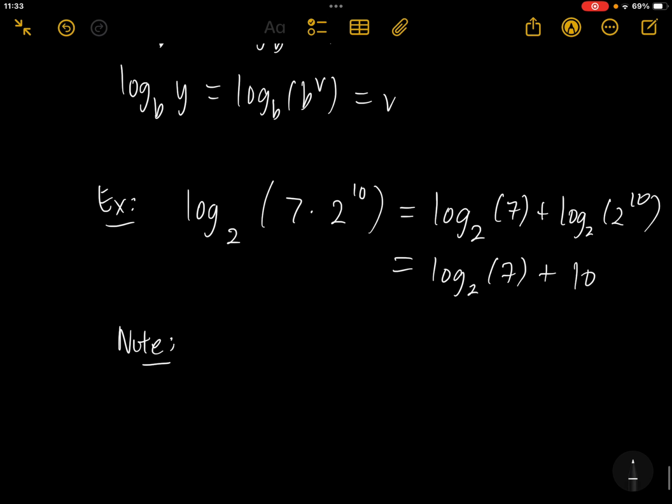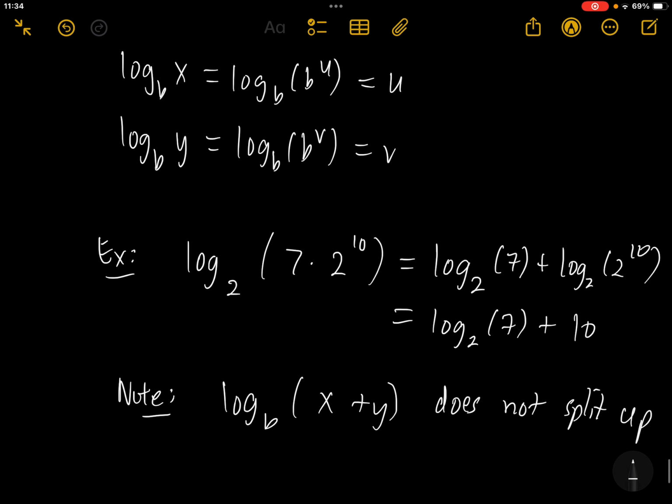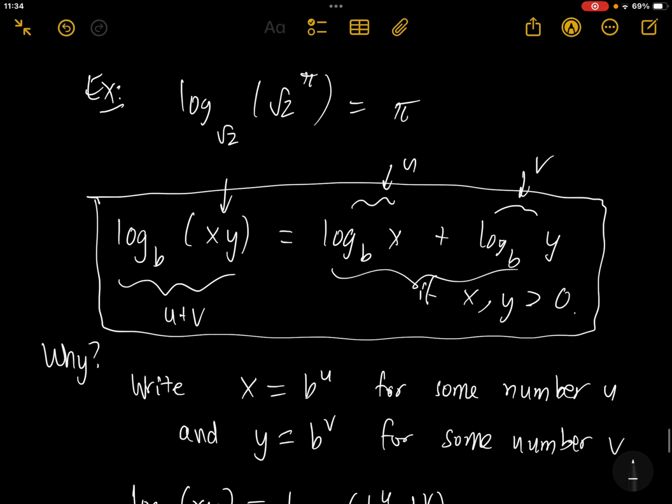But an important thing to note is that log sub b of x plus y does not split up. So when you have a sum and you're doing log sub b of it, that doesn't split up. But if you have a product, x times y, the result of applying log sub b of it is the log sub b of each of the factors added together.